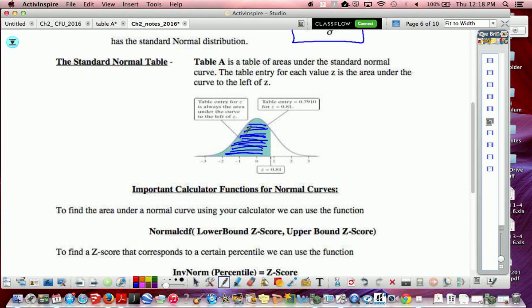So for instance, could someone kindly give me a number between 0 and 3 with 2 decimal places? 2.22. Okay? So say for instance I want to know what proportion of scores are 2.22 standard deviations left of the mean.